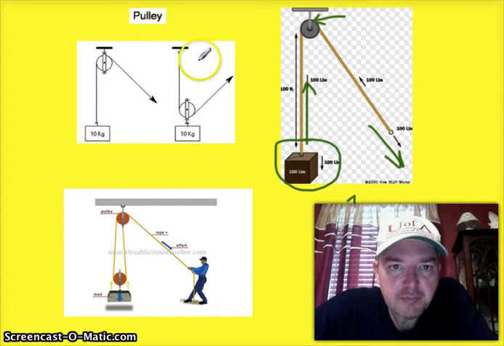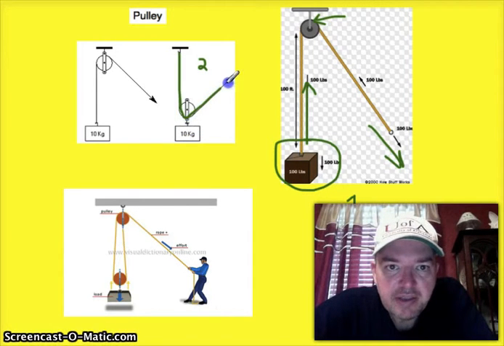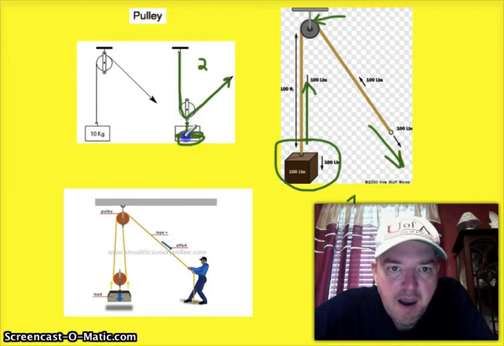Here, you actually have a mechanical advantage of 2 if you were doing something like this. Now, just by looking at this, having the rope going down and then coming up, you might not know where the weight would be. The weight would be attached to the pulley itself.